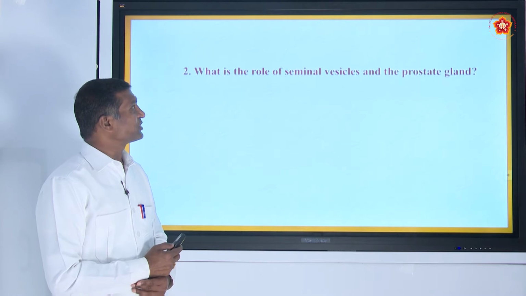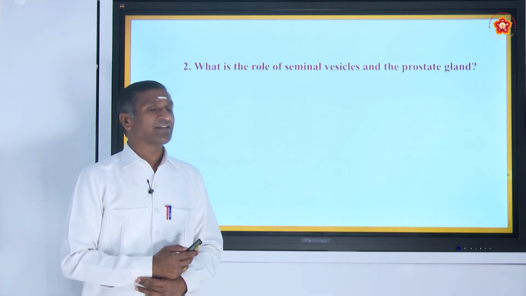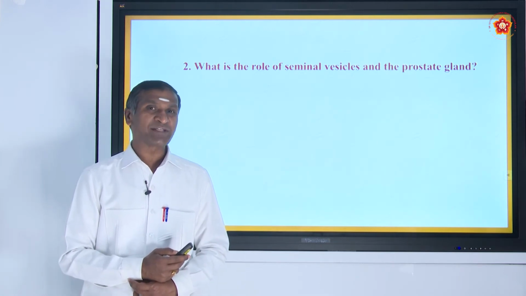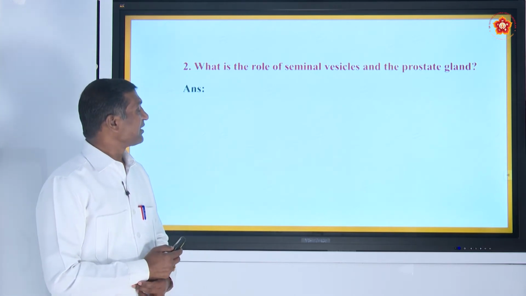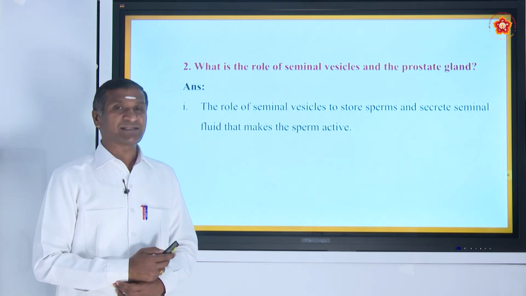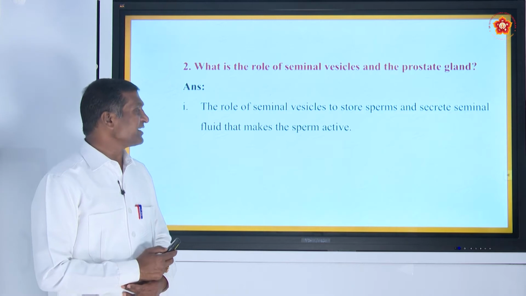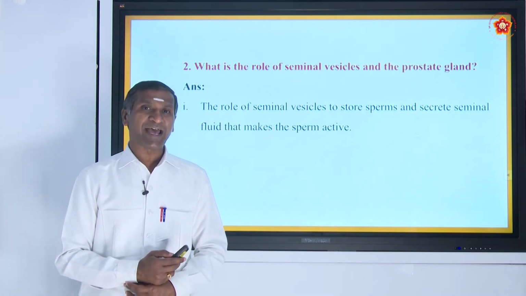The second question, what is the role of seminal vesicles and the prostate gland, which we find in the human male reproductive system? Answer: the role of seminal vesicles is to store the sperms and secrete seminal fluid that makes the sperm active.